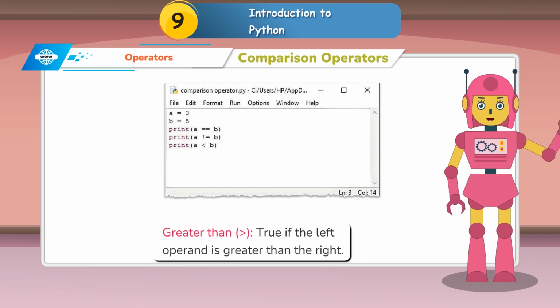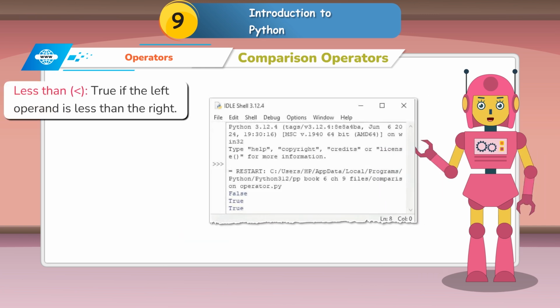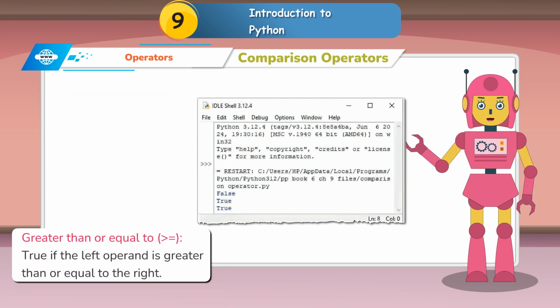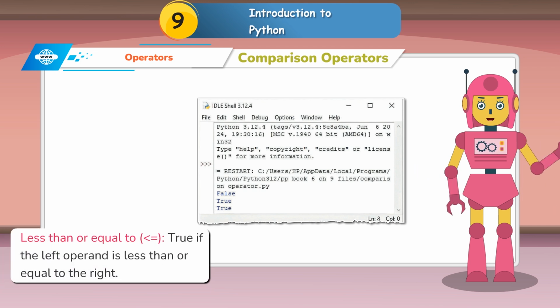Greater than, true if the left operand is greater than the right. Less than, true if the left operand is less than the right. Greater than or equal to, true if the left operand is greater than or equal to the right. Less than or equal to, true if the left operand is less than or equal to the right.